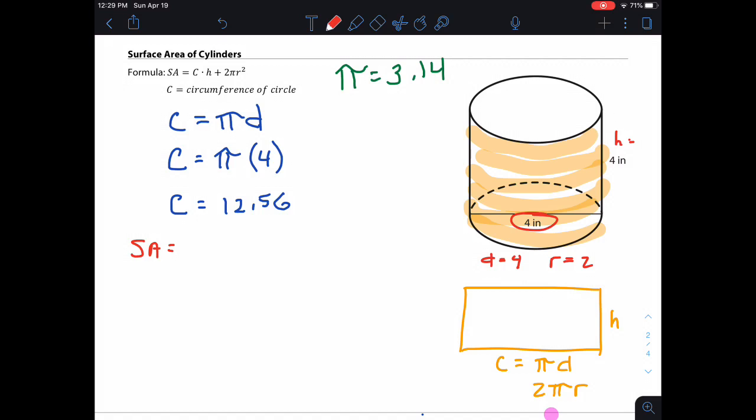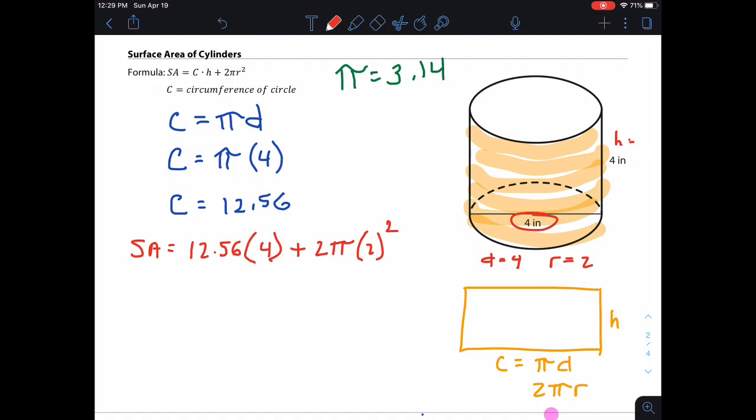I might have to switch to a different app. It works way better in other apps. So here we go. Surface area is equal to the circumference, 12.56, times the height. Remember, the height over here is 4 inches. And then we have 2 pi r squared. So 2 pi and then the r is 2, and squared.